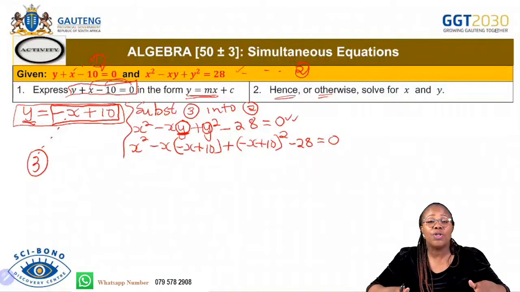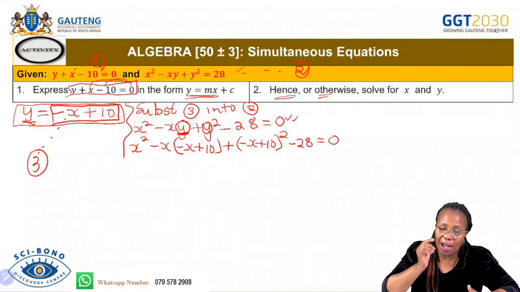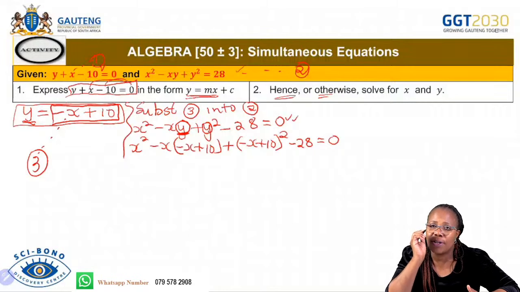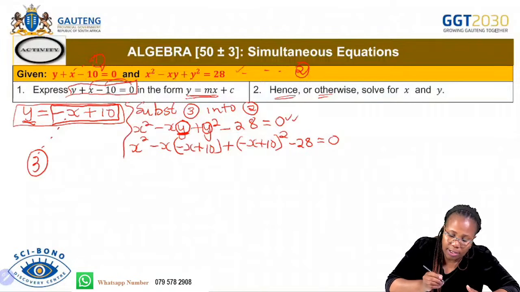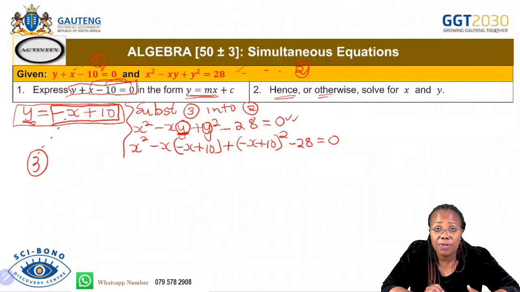Now this is now an equation with one unknown. After substitution, grade 12 is very important. You must be left with one unknown. If two unknowns appears there, that means your substitution is incorrect somehow. Go and check that.